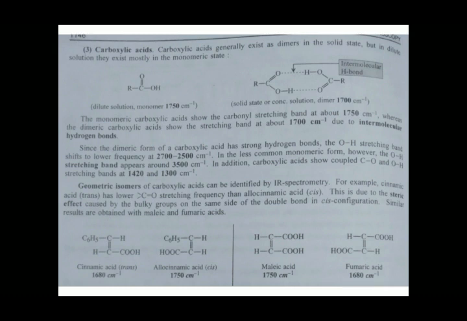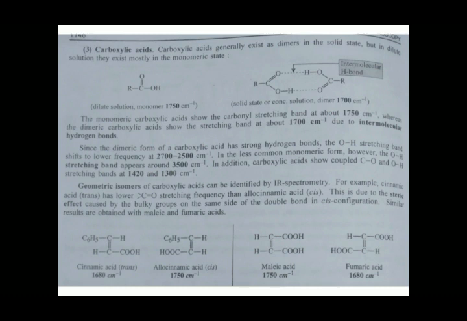And also the geometric isomers of carboxylic acids can be identified by IR spectrometry. For example, cinnamic acid in trans position has lower C=O stretching frequency than allocinnamic acid in cis position.